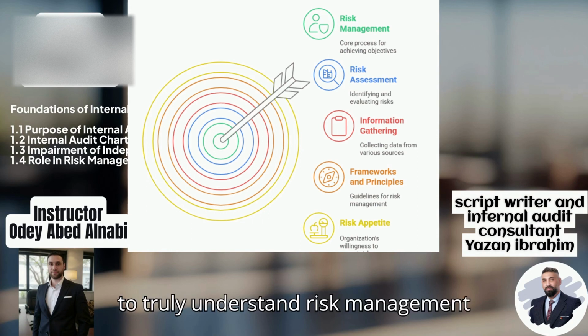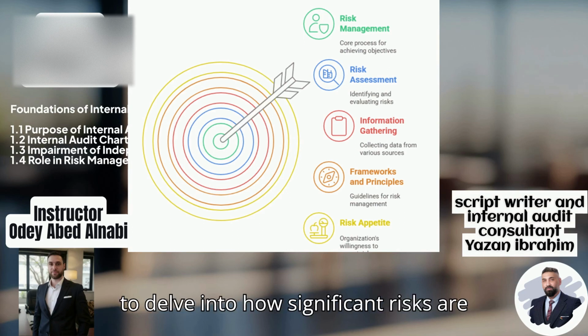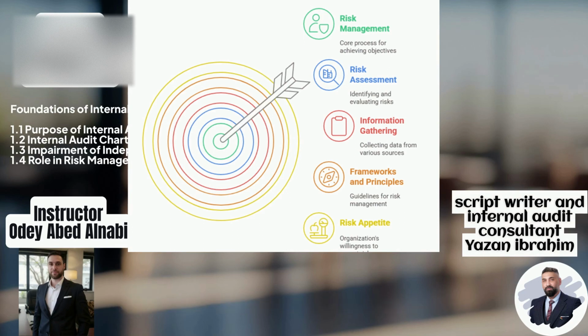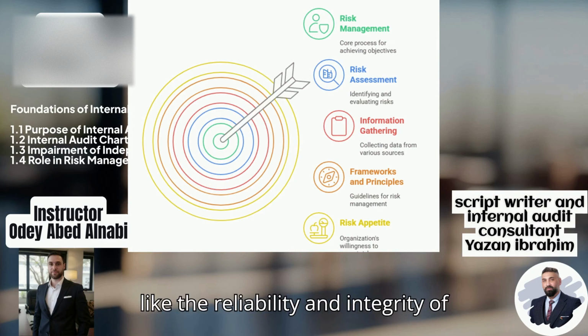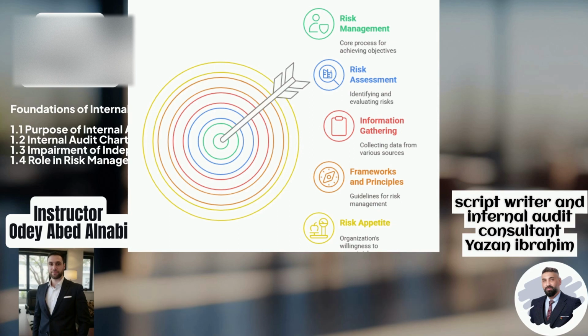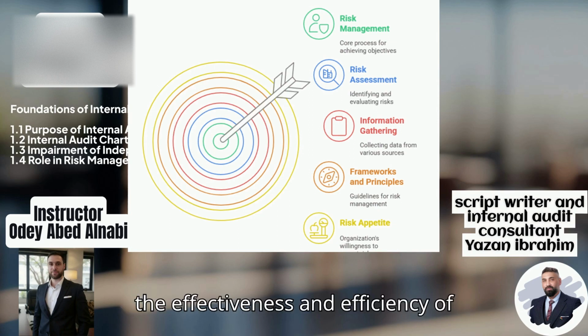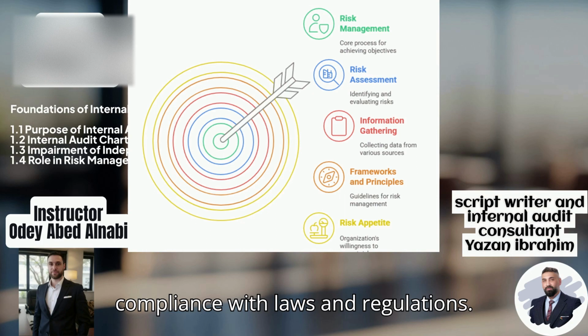To truly understand risk management within their organization, the CAE needs to delve into how significant risks are identified and assessed. This understanding should cover key areas like the reliability and integrity of financial and operational information, the effectiveness and efficiency of operations and programs, how assets are safeguarded, and compliance with laws and regulations.